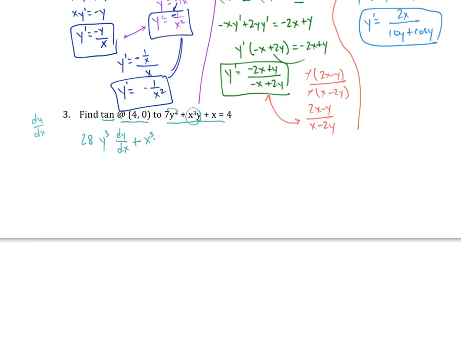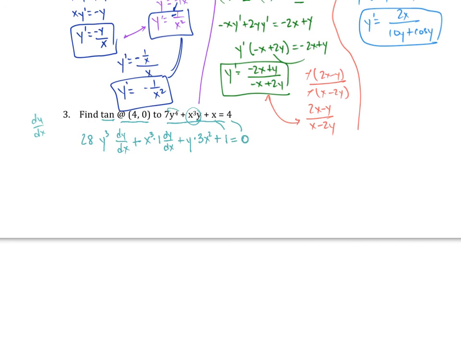Derivative of y is just 1 dy dx, plus the second, y, times the derivative of the first, which would be 3x squared. dx over dx, but remember, I don't put dx over dx because it's 1. Plus, over here, the derivative of this is 1 dx over dx, but I don't do that, equals, and then derivative of 4 is 0. Derivative of a constant is 0.